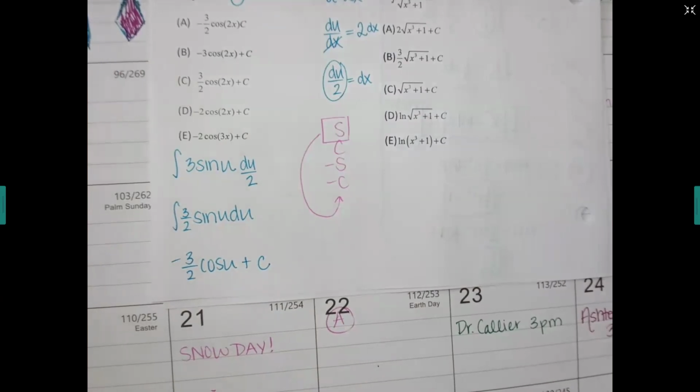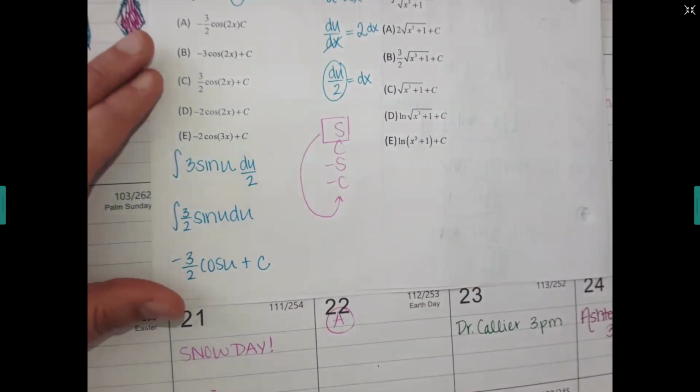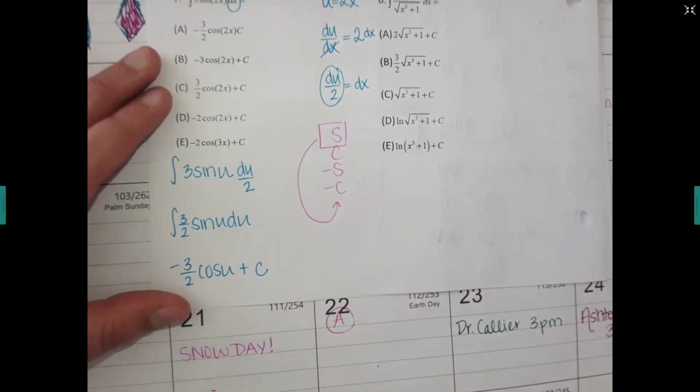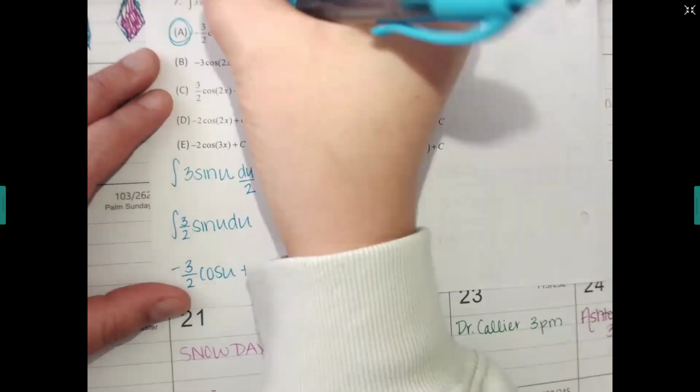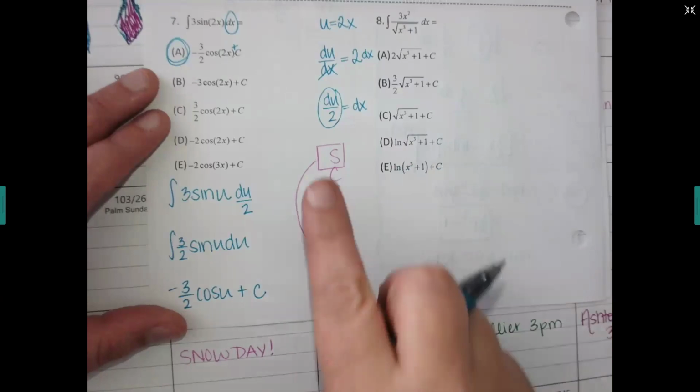And then I would just take my u, remember how it was a 2x, you would just put it back in that spot. So looking at your answers, which one is correct? Yeah, A, it should have a plus before the C. So you're picking A, but just put in a little plus here.